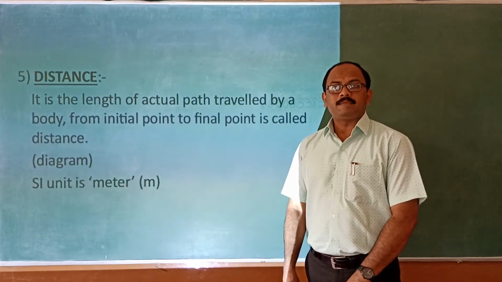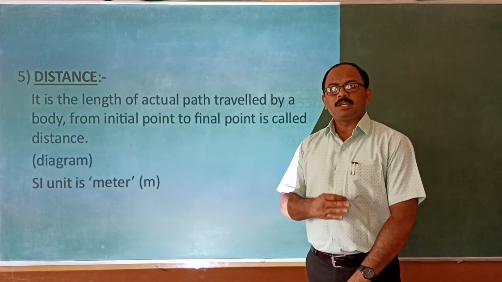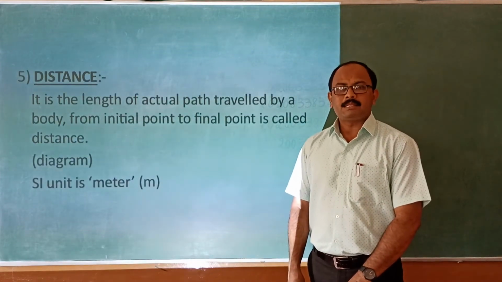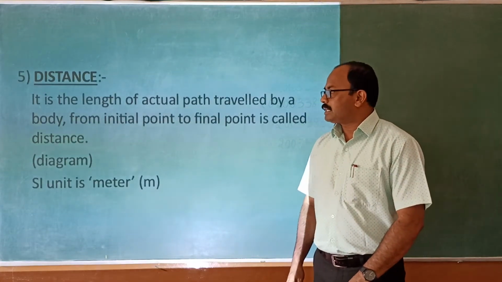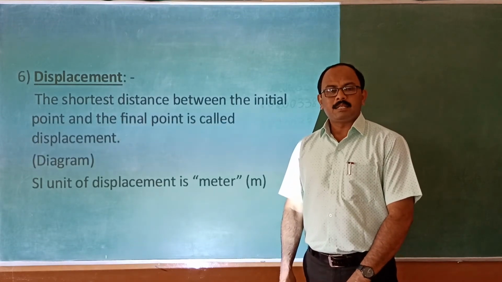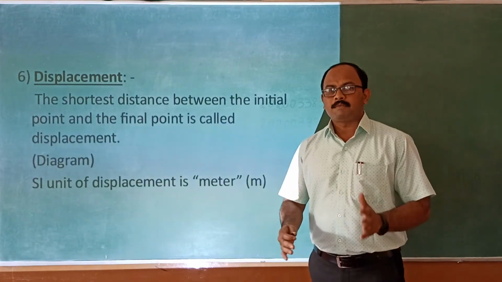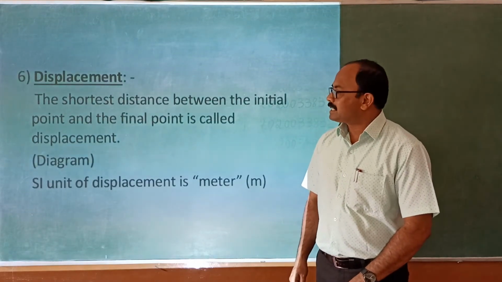The total length of the actual path traveled by the body from initial point to final point is considered as the distance. SI unit is meter, children. Displacement is the shortest distance from initial point to final point. We call that displacement.